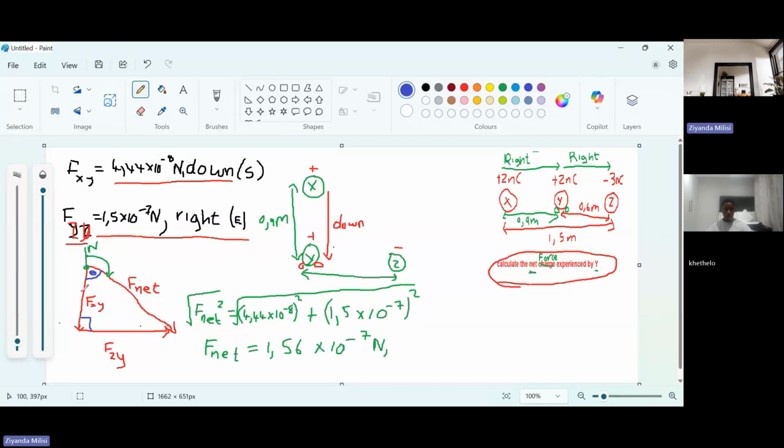Remember, we know all our sides, so we can use any trig ratio according to SOH CAH TOA.